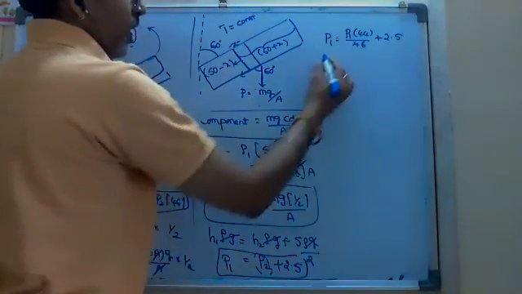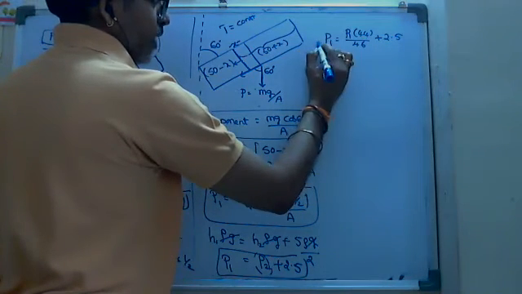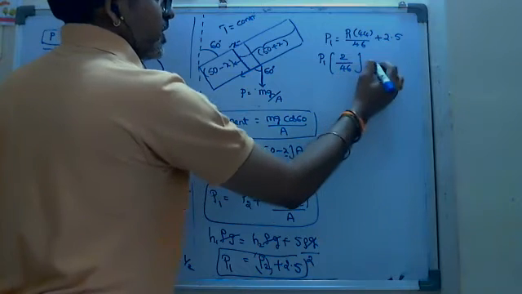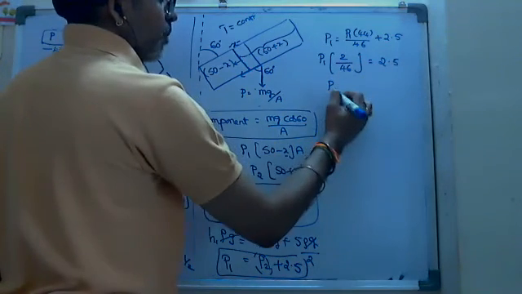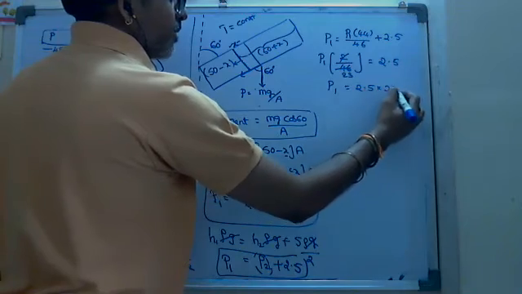From this, I am going to get the value of P1. P1 into, if I take this to the other side and take LCM, I will get 2 by 46 is equal to 2.5. From this, I am getting P1 is equal to 2.5 into 23.